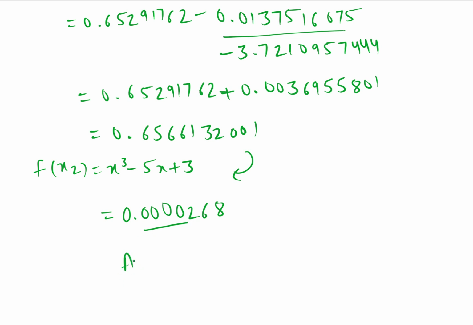So the answer would be 0.656613201. This is our answer. So we can take 3 digits here. For 3 decimal places you can consider 0.657 as your answer.